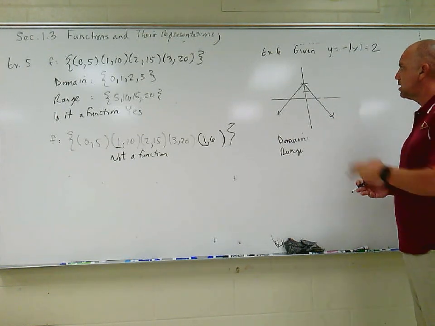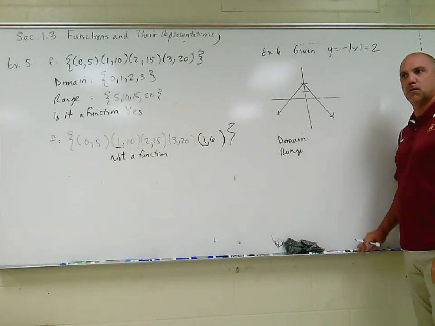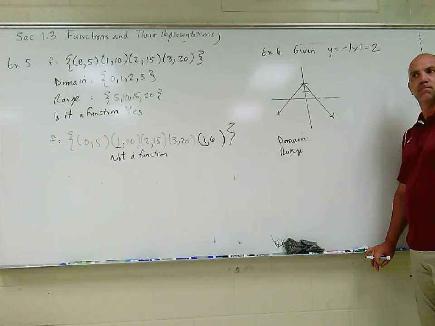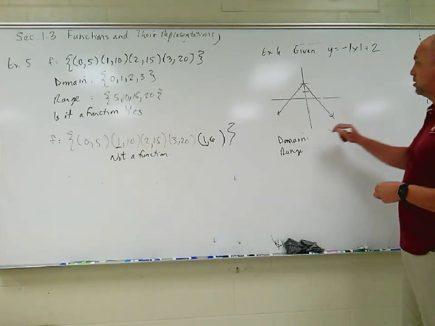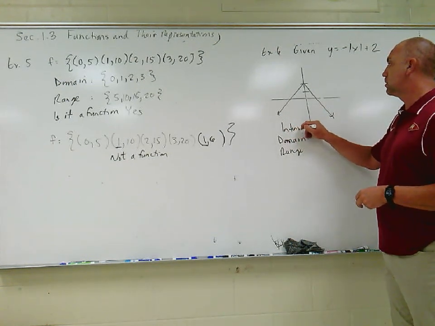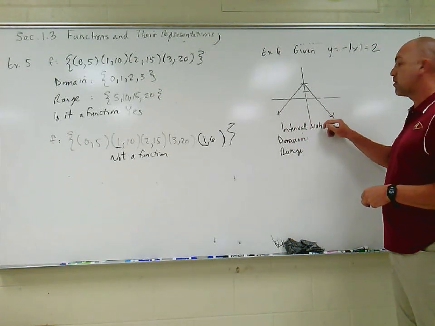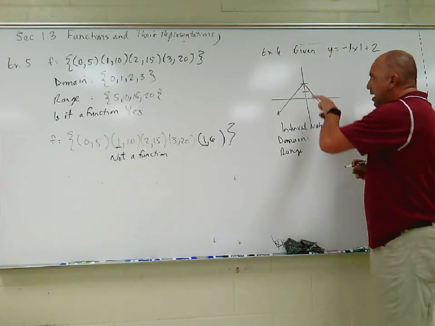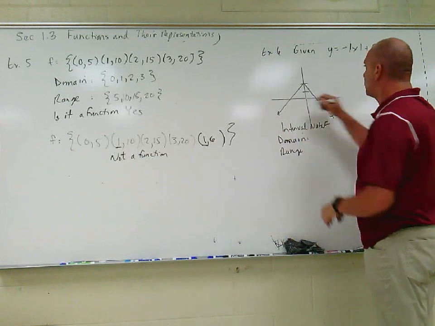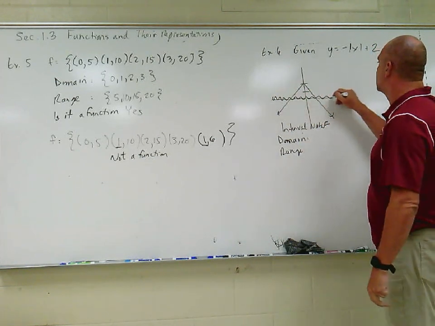So what would you say is the domain for this picture here? All real numbers, but we've got to use interval notation, like we did today with the number line. I can see that it goes forever to the left and forever to the right. So all of the x-axis is used.